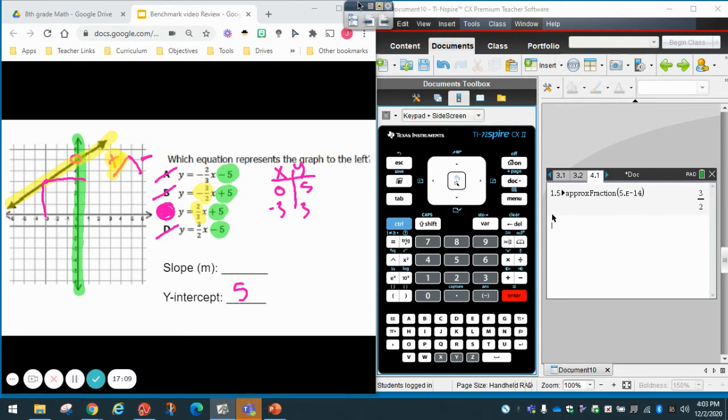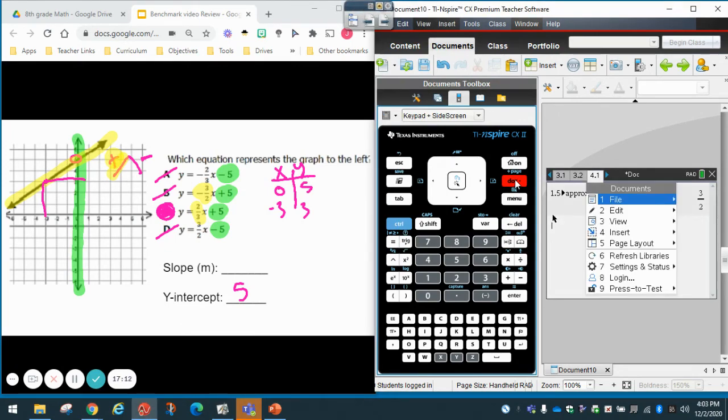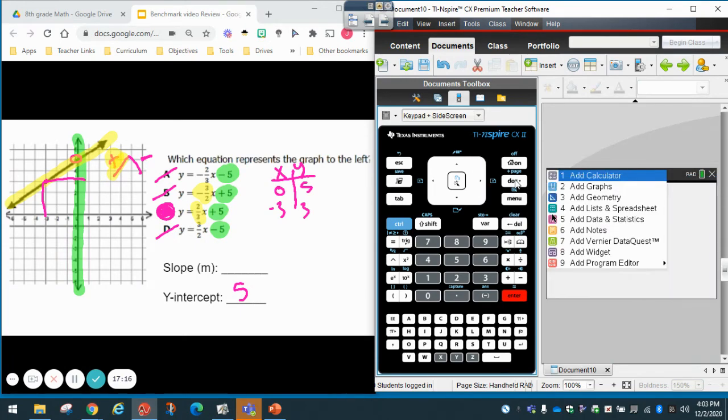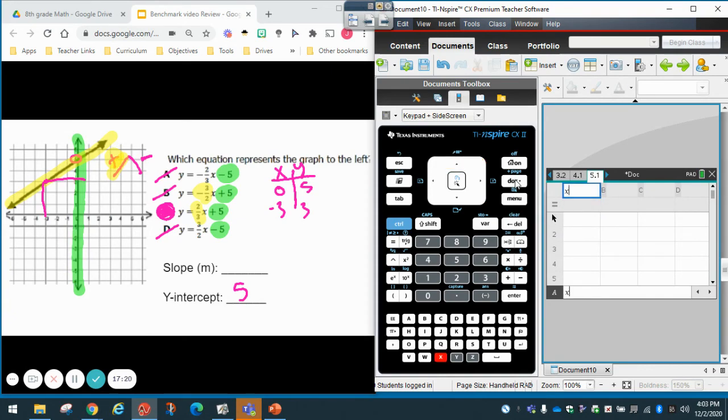So let's go to our calculator. You guessed it, doc. Go to insert, number 4. Go to number 1, problem. List in spreadsheets. Go all the way up to A. X, Y. 0, -3, 5, and 3.